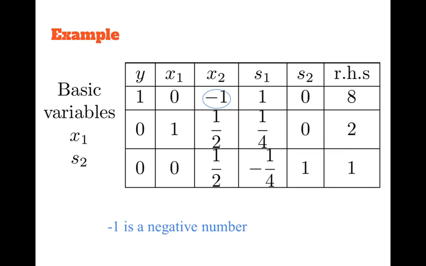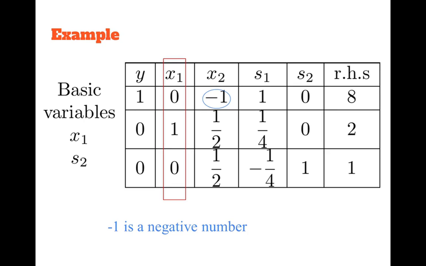Then, by applying Gaussian elimination, we can transform the column x1 into the column vector 1, 0, 0. And we also change the s1 in the basic variables column into x1 to finish the step.